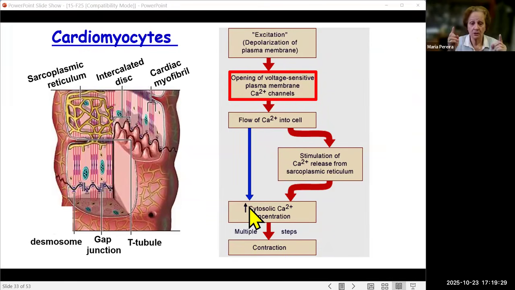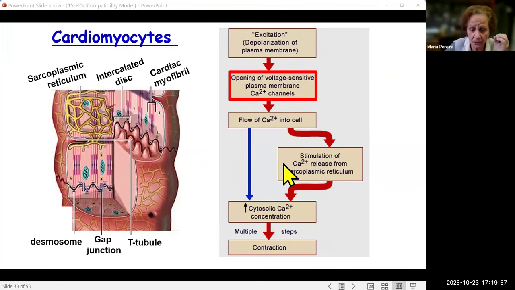So immediately, you could ask the question, why is it that the cardiomyocytes, just like the smooth muscle, need so much calcium? You have calcium coming from the sarcoplasmic reticulum, and you have calcium coming from the extracellular fluid directly into the cytoplasm through these voltage-gated calcium channels.